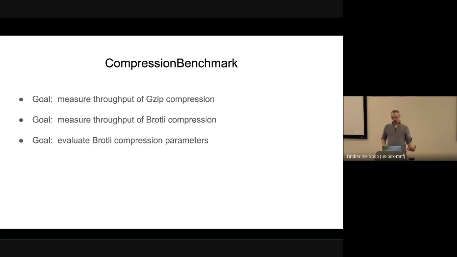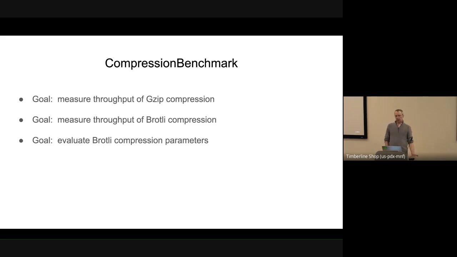So I wrote a benchmark that allowed me to measure the throughput of gzip compression in Java and compare it against the throughput of Brotli compression. gzip is built into the JDK. There's already a class in the JDK called GZIPOutputStream.